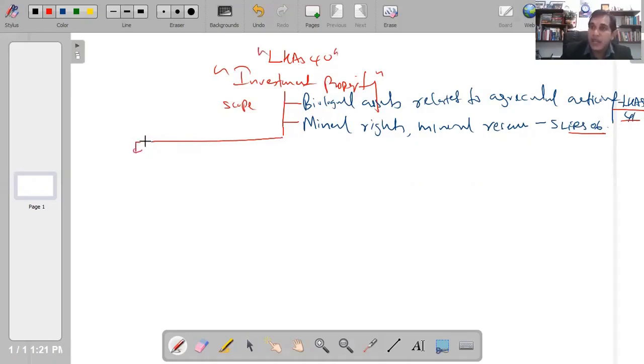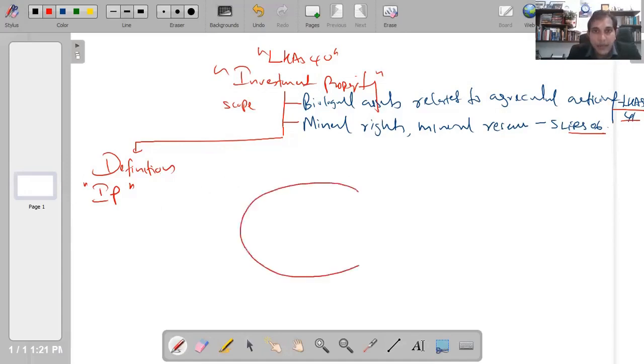Then I'm going to define what investment property is. Definition of investment property. Now let me explain that one through an example. Let's say there is a business called Aralia.